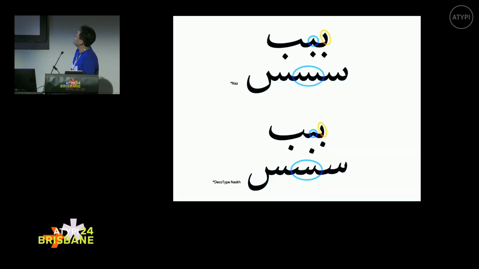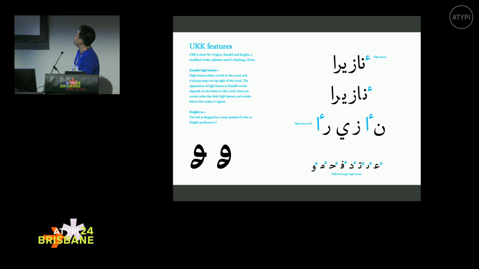Yes, and the tooth for the Naskh is quite slanted, but for Xinjiang, they got used to the vertical one. And also, they have some specific features like the high hamza, which is quite important for Kazakh scripts.